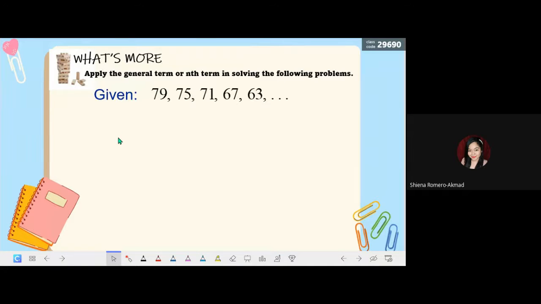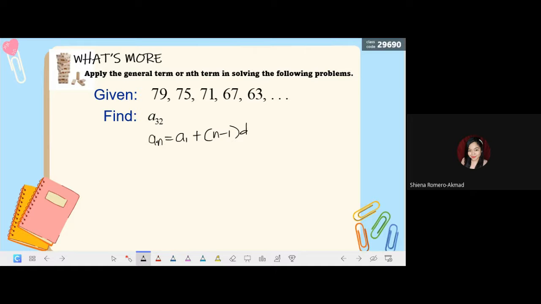Next, we will apply the general term or nth term in solving the following problems. So dito ang pinapahanap sa atin is si a sub 32. So all we have to do is to use the formula. Ang formula again is a sub n equals a sub 1 plus n minus 1 d.